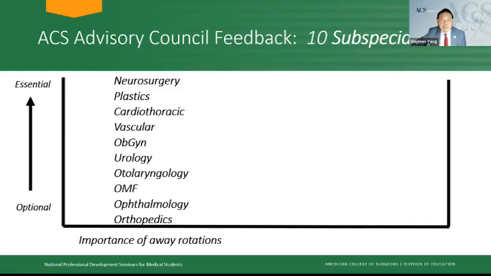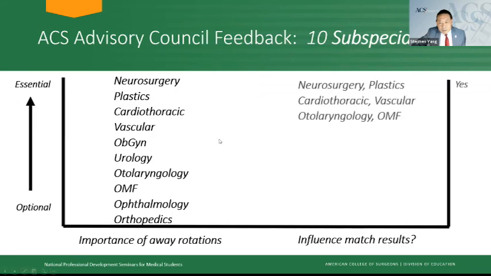All of the other subspecialties are sort of scattered in there based on their strength of advice on whether you should go away. And the other question that we posed to them is: does doing a sub-I at their institution influence their match results? With neurosurgery, plastics, cardiothoracic, vascular, otolaryngology, and OMF, it definitely did.